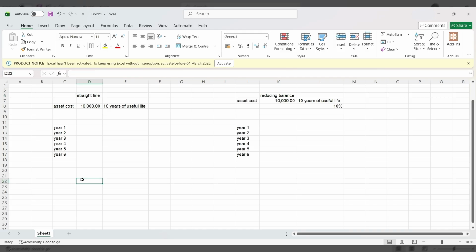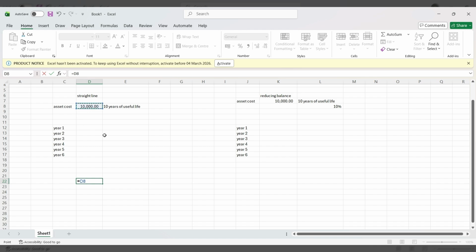We just take the asset cost, or whatever it starts with, and divide it by the useful life, which in this case is 10. So each year this asset is going to depreciate by 1,000, or lose value of 1,000 every year.